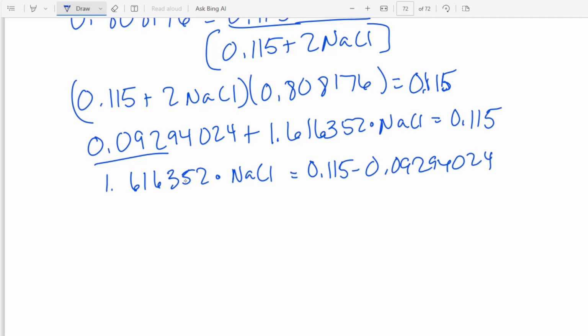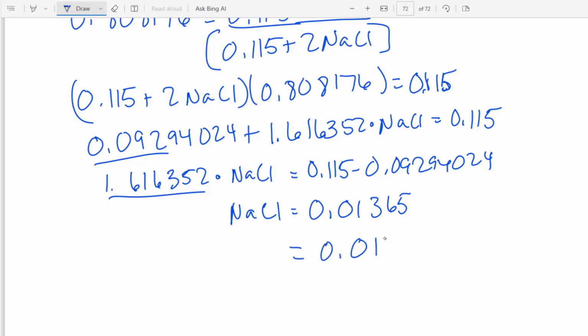So I'm going to divide by this, and I get NaCl is equal to, and I'll just write the answer down, 0.01365. So the original moles of sodium chloride added were 0.0137 moles.